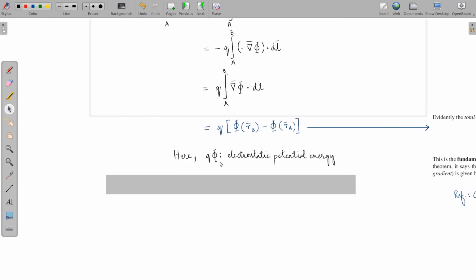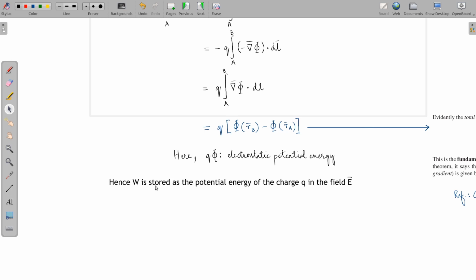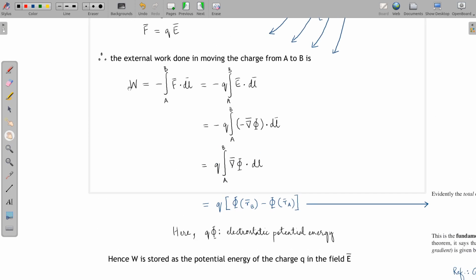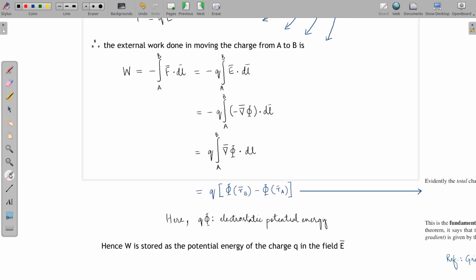So Q into phi, of course, is going to give us the electrostatic potential energy. So this equation above tells us the work done, because ultimately what we have here is work done. The left hand side is the work done by the external force, the external work done, and that is equal to Q times potential at point B minus Q times potential at point A. Charge times potential is the potential energy.